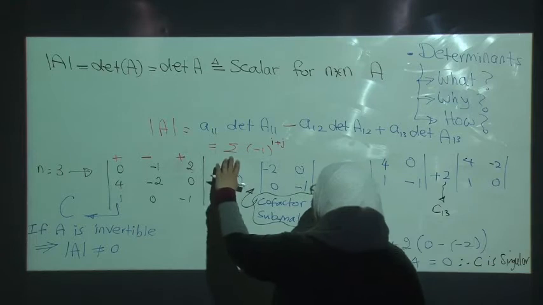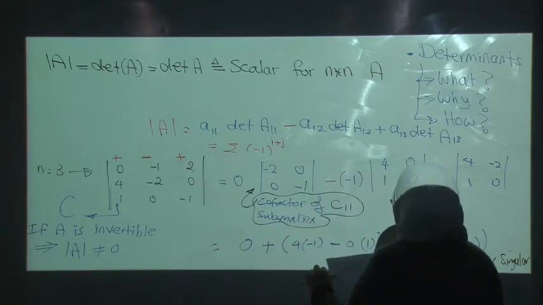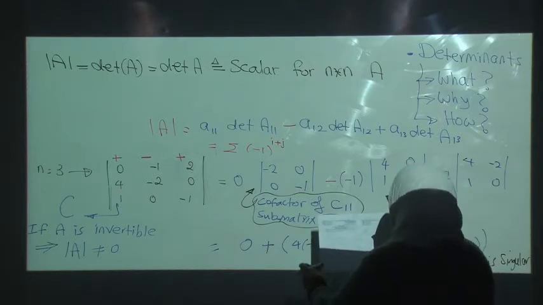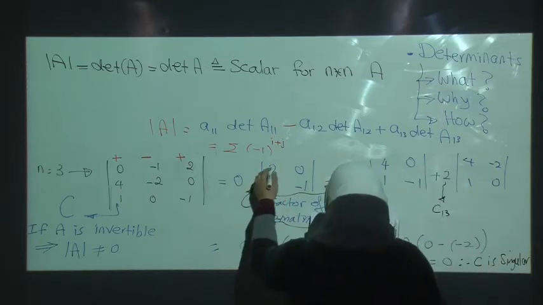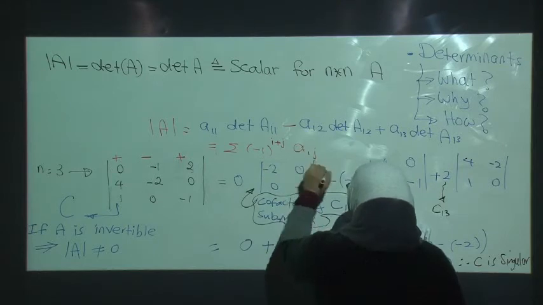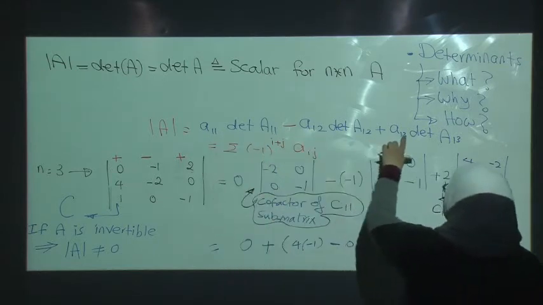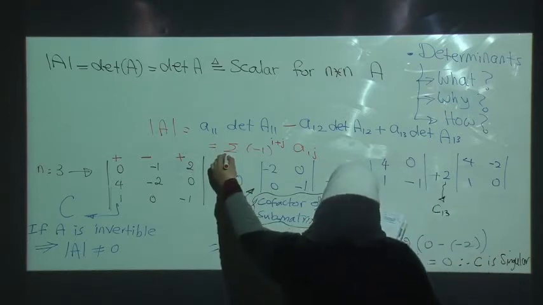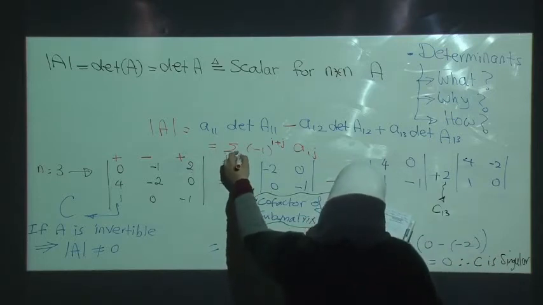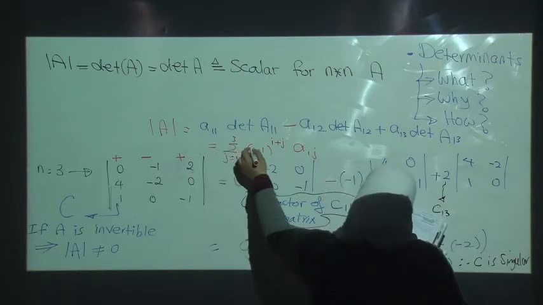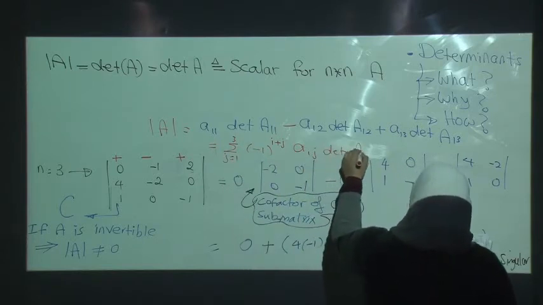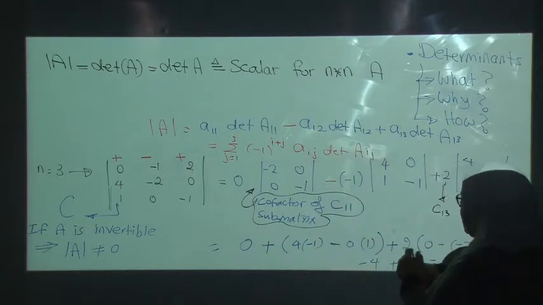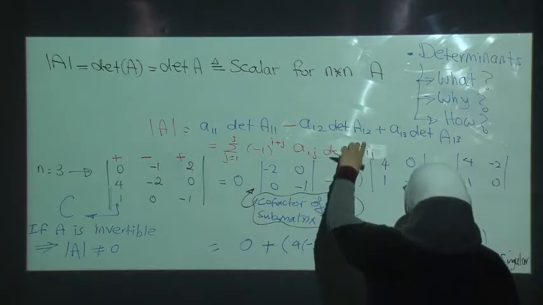Summation is denoted by the sigma notation, if you were not introduced to it before, multiplied by A1J. 1 is fixed, and J is the counter here. So let's start here, J from 1 up till 3, multiplied by the determinant of Aij, which is 1 here.